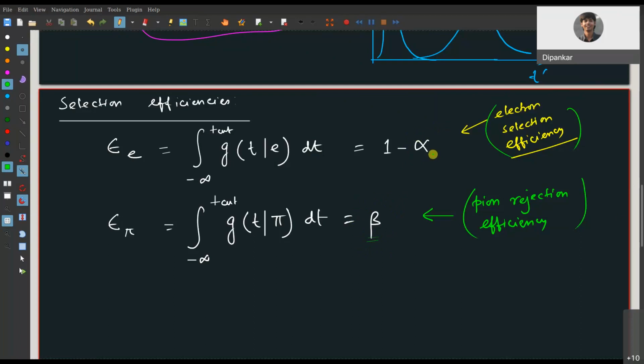On the other hand, if your experiment or the nature of your data analysis is such that it relies on the number of statistics, the sample size, so you want to accept as many electrons as possible, even if you have to make compromises with contamination, that is still okay, but you want to reduce, let's say, the statistical error in your measurements, then you want your sample size to be large.